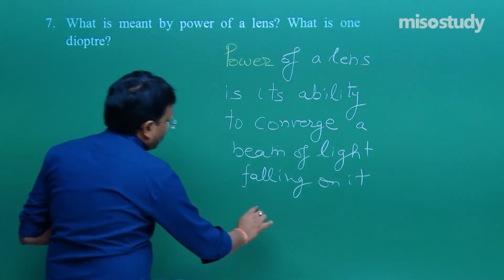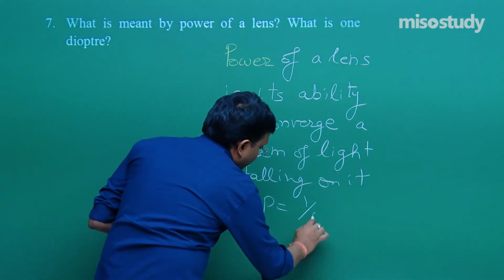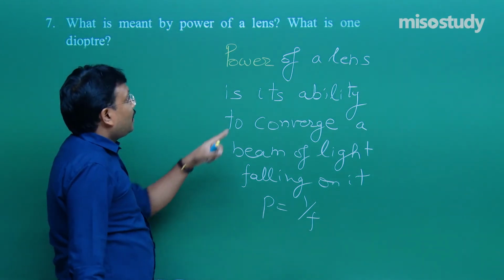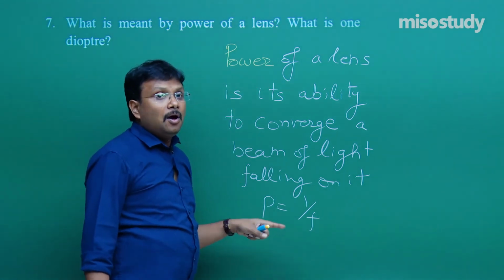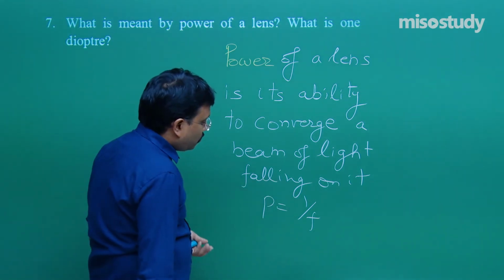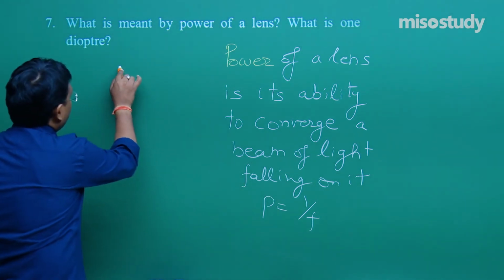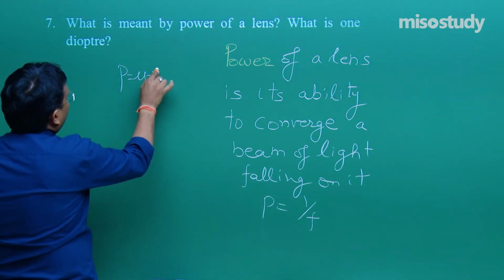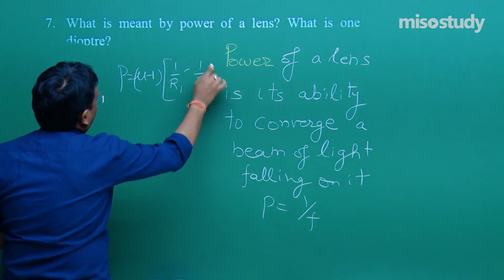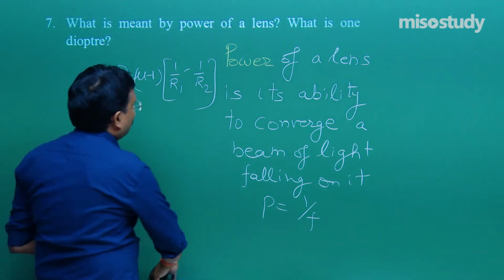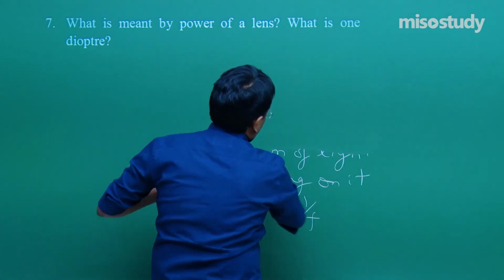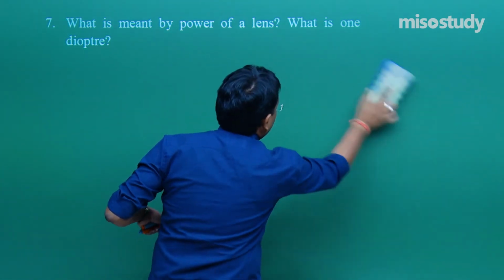It is given as P is equal to 1 by F, where F is in meters, and the unit of power is the diopter, fine. What is 1 diopter? 1 diopter is the unit for representing the power of the lens. Also you can write down P is equal to (mu minus 1) times (1 upon R1 minus 1 upon R2). So these types of points you can mention for 3 or 4 marks questions, fine.